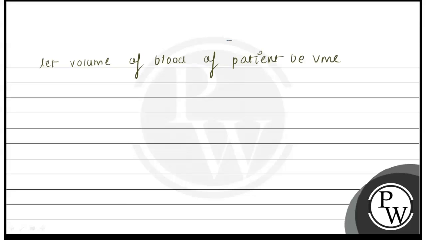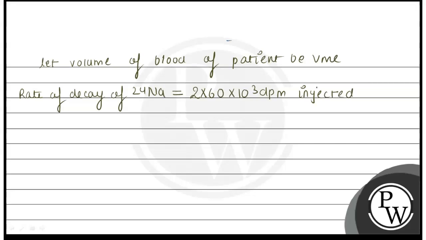So the rate of decay of 24Na is equal to 2 × 60 × 10^3 dpm injected in V mL of blood. Why V mL?